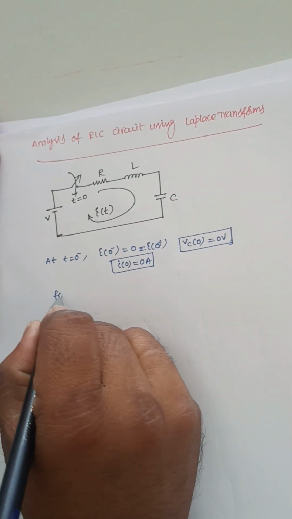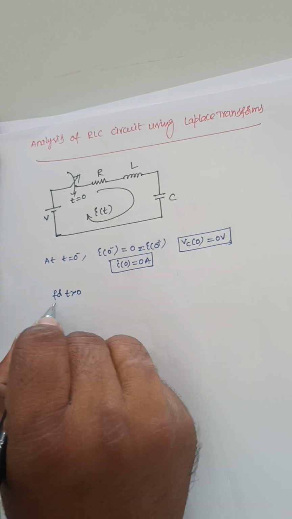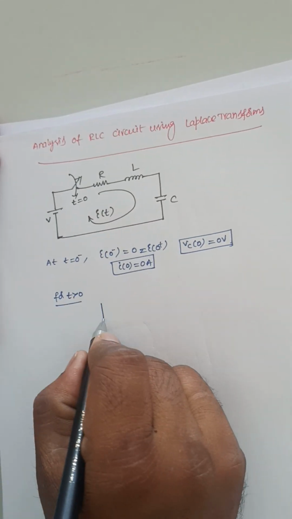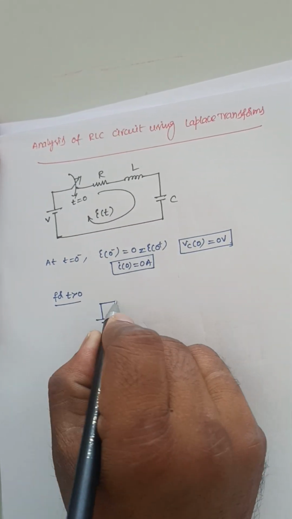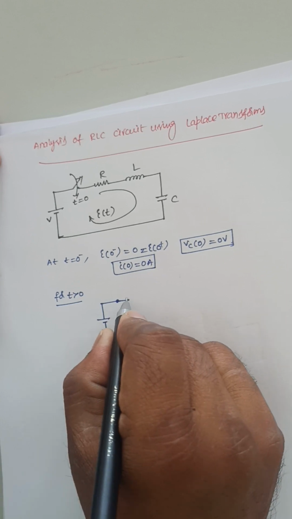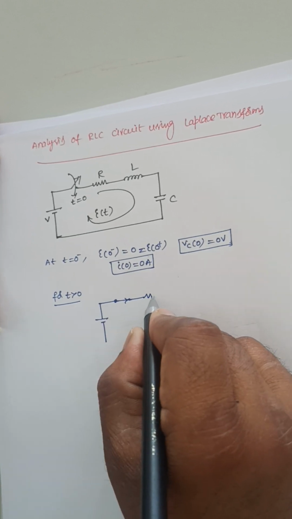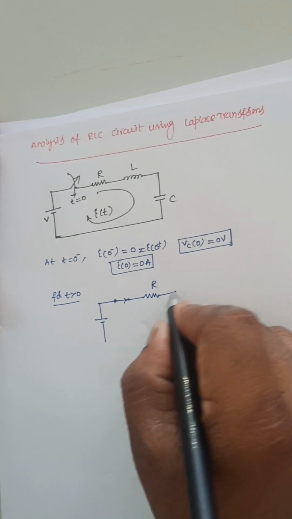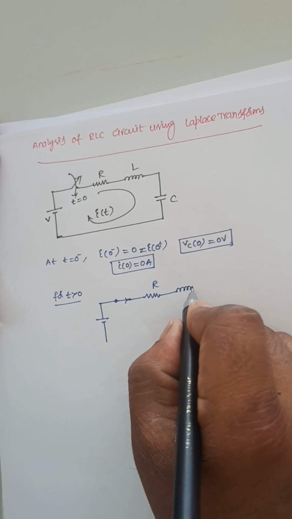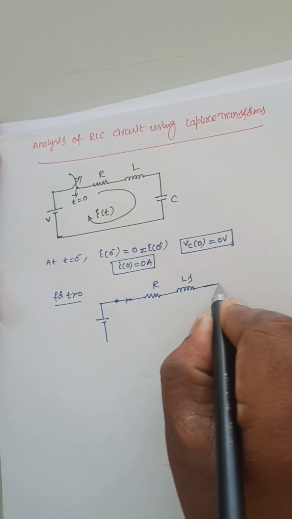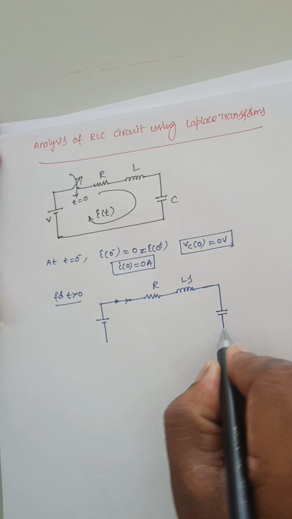Now for t greater than 0, draw the circuit. The switch is closed now. This same resistance is R. This inductance can be represented with Ls and this capacitance as 1 by Cs.